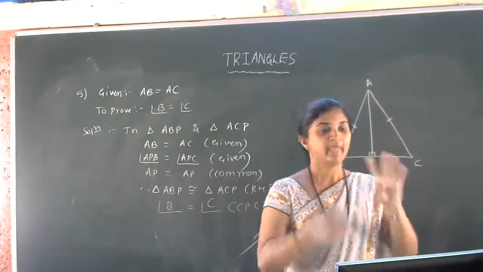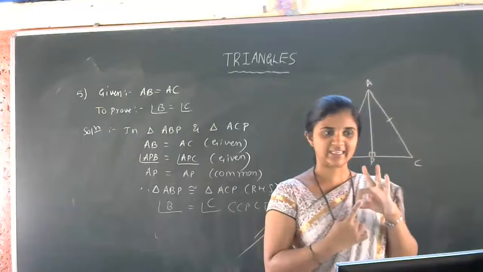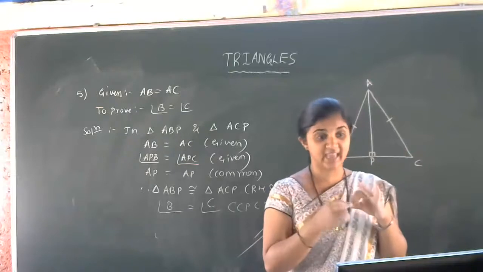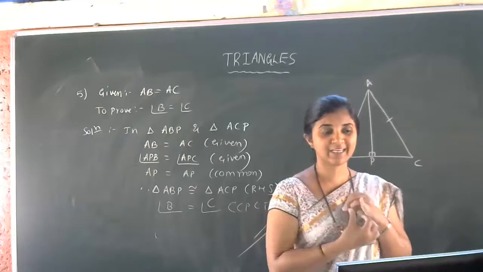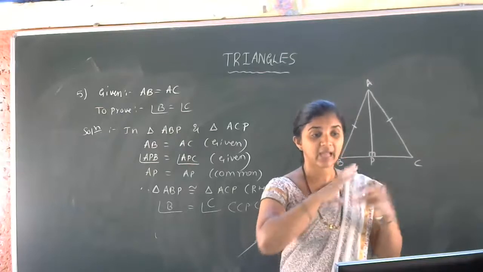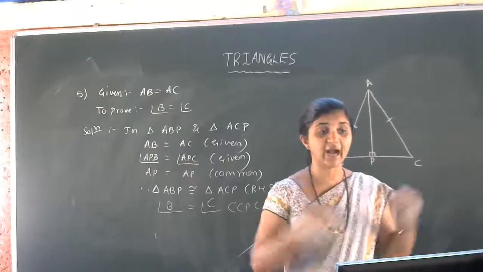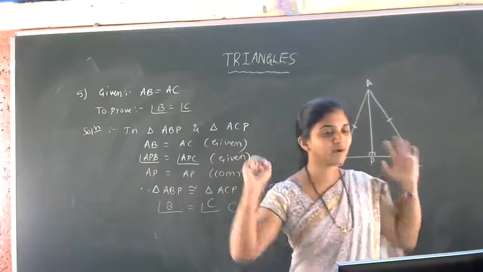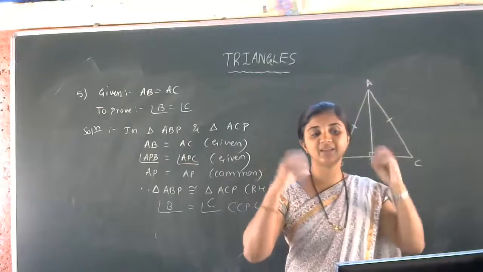First one, SAS congruency criteria, ASA, or you can use AAS congruency criteria, then SSS congruency criteria, then RHS congruency criteria. With the help of these five congruency criteria, we can solve this type of problems. So you have to keep all the congruency criteria in your mind.